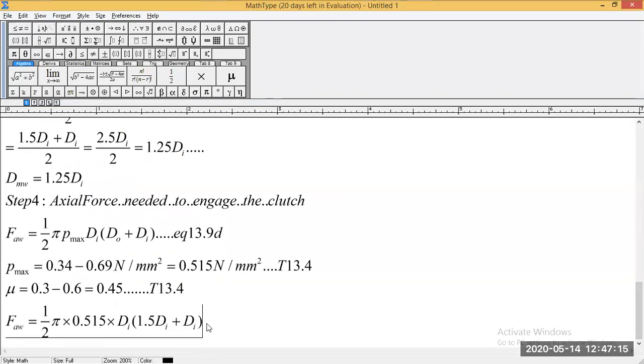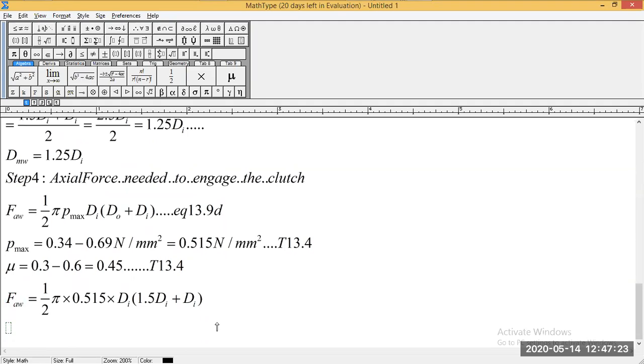So simplify this. See what you get. FAW equals something in terms of di, I guess.